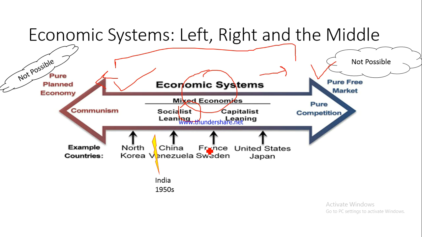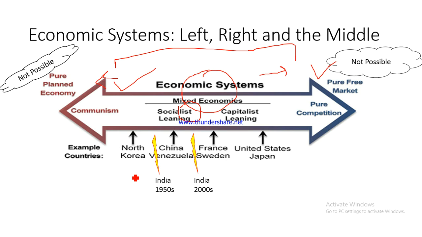Fine. In the 1950s, India used to be somewhere towards the left extreme. We were more communist. In fact, a better word would be we were more socialist, and our policies resembled the communist kind of policies, or the policies which are generally seen in pure planned economies, command and control economies.